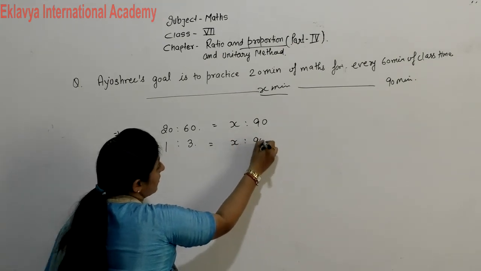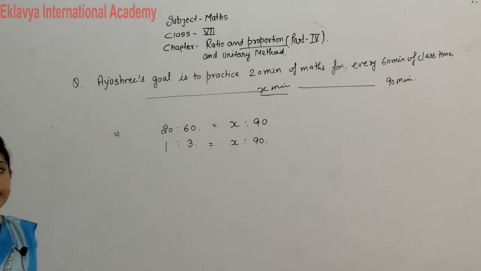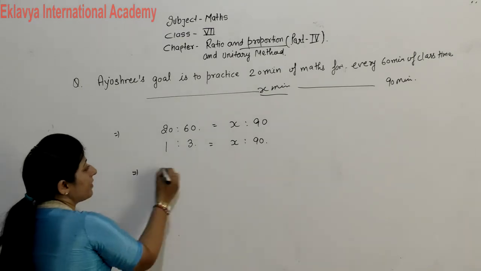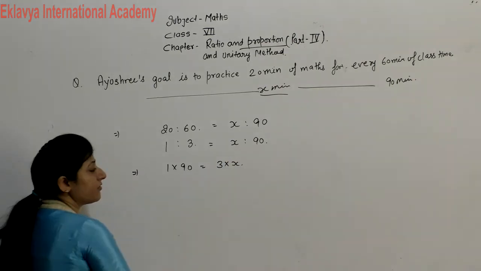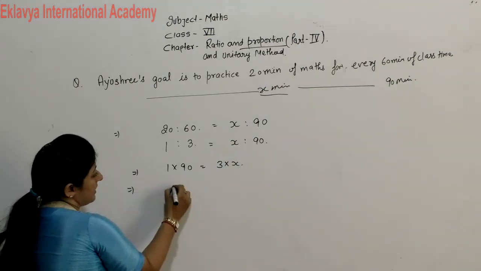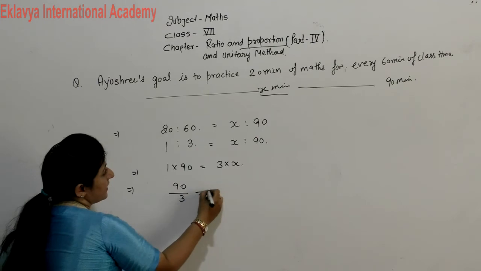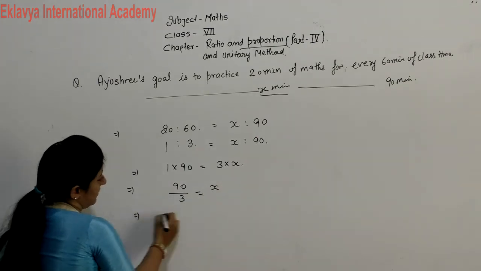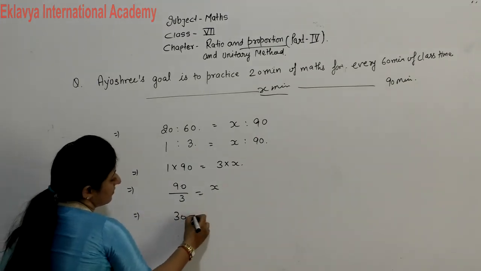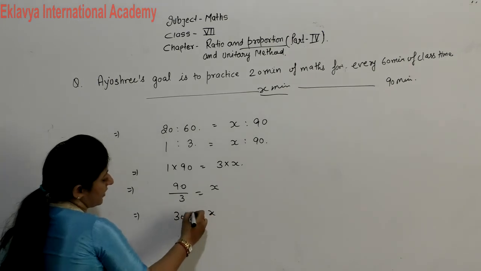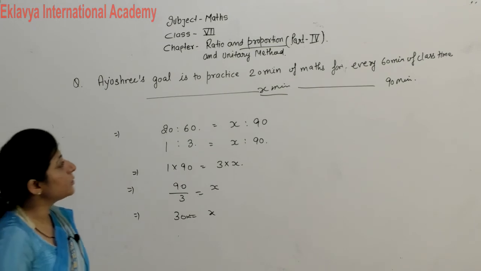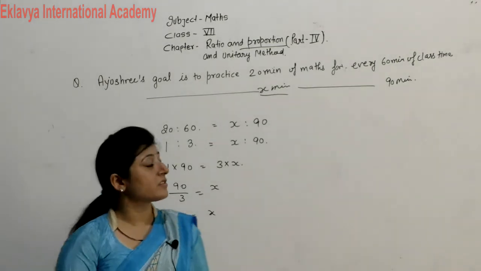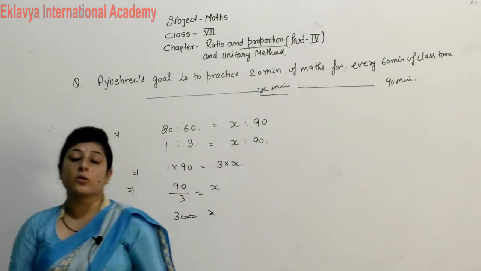Same thing, product of extremes is equal to product of means. Then 90 divided by 3 is equal to x, so x value is 30 minutes. She does 30 minutes of math practice for a 90-minute-long class.